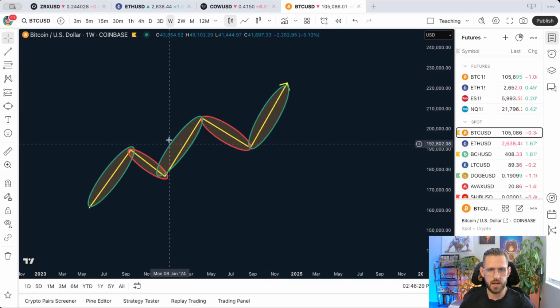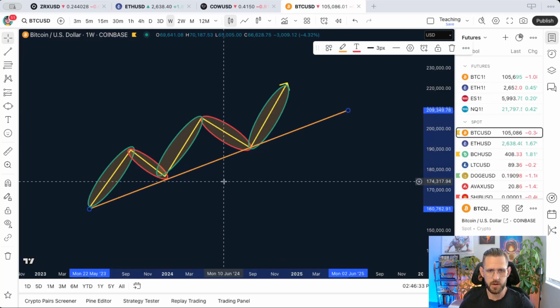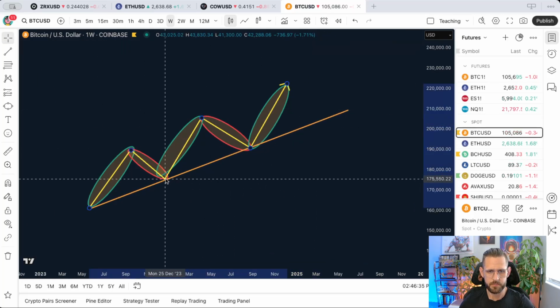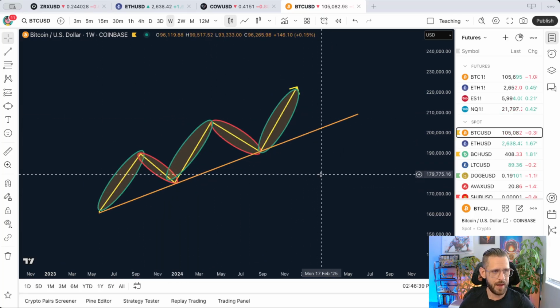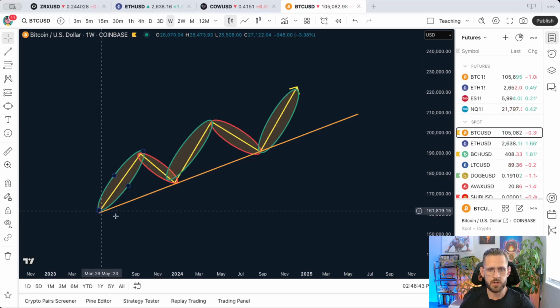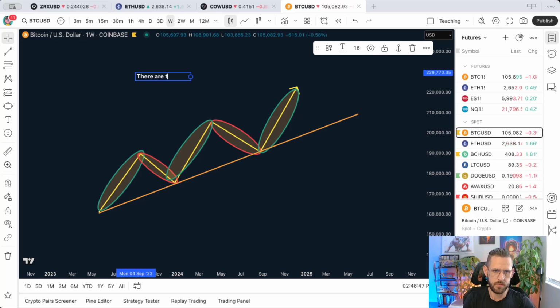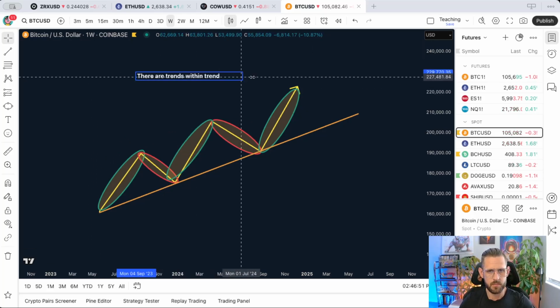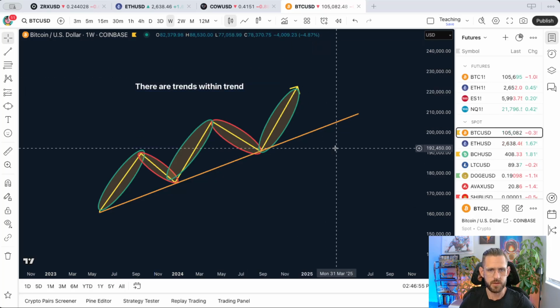Inside this major trend, this is an uptrend. You can see right here, that uptrend. There are uptrends and downtrends within that trend. Okay. So also to note that there are trends within trends. That's a good one to mark down. There are trends within trends.